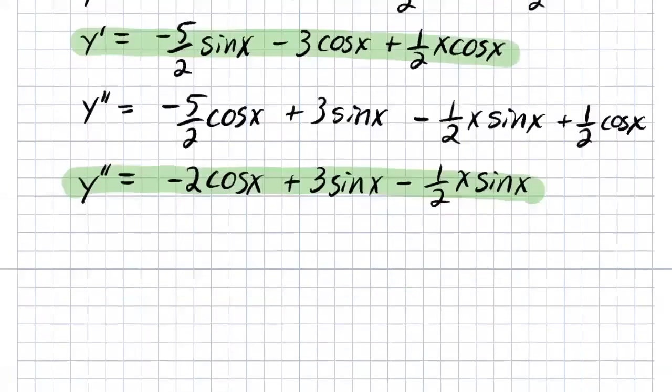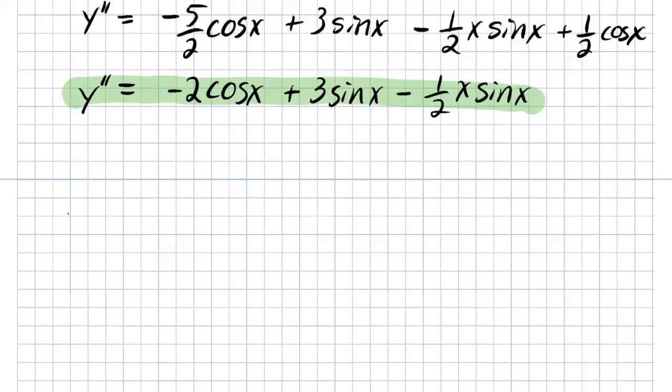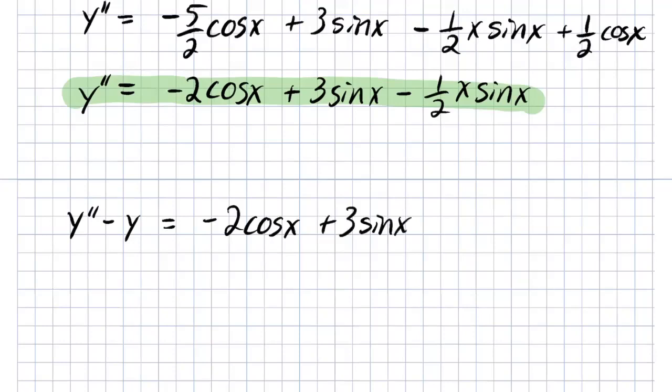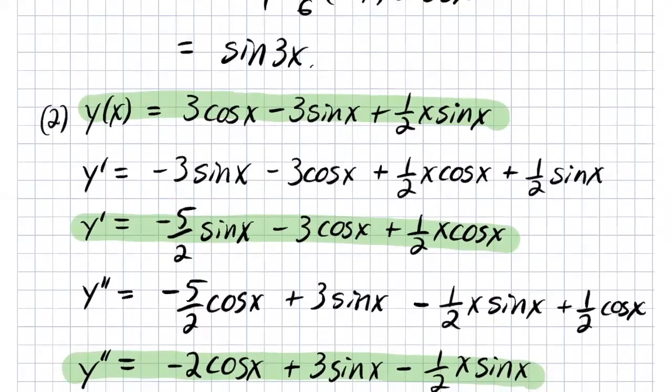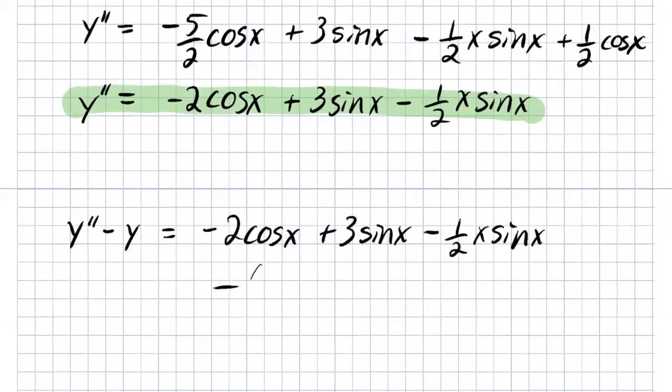So y double prime minus y and then minus that thing.